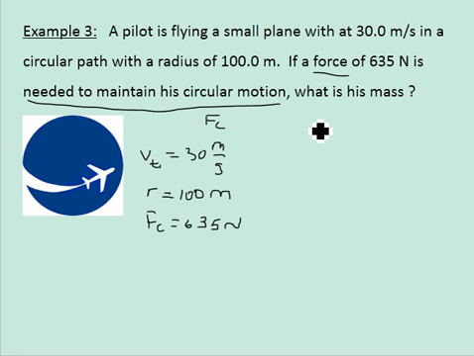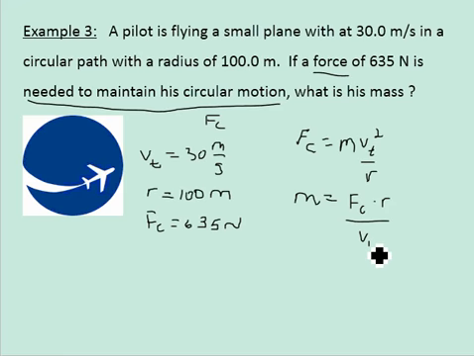Well, we know that centripetal force equals m a_c, but because I'm given linear speed and radius, I'm going to use this equation that already has that centripetal acceleration substituted. That would tell me that through a little algebra, mass is equal to the centripetal force times the radius divided by the linear speed squared.